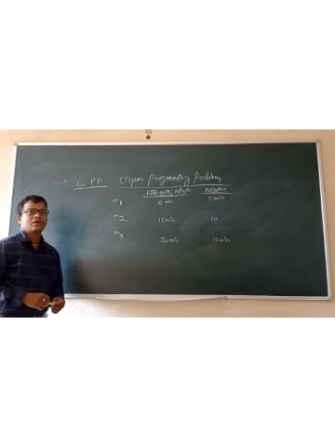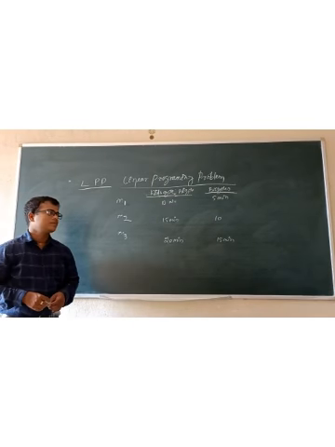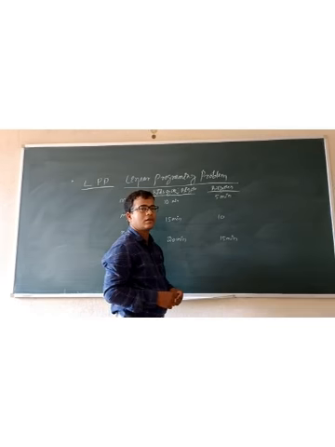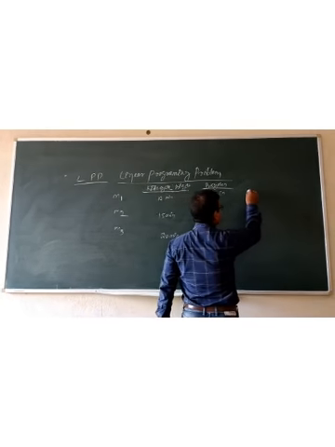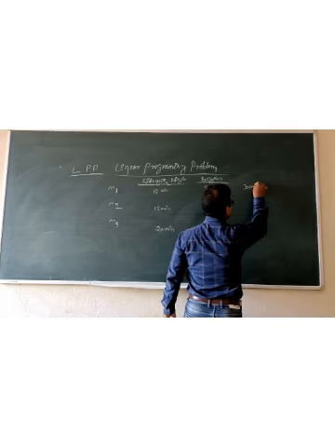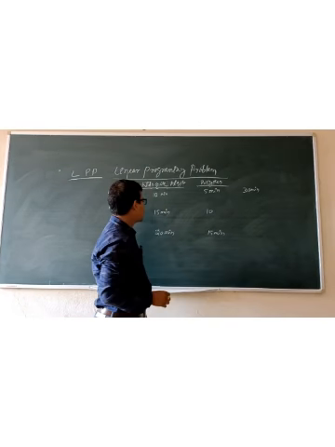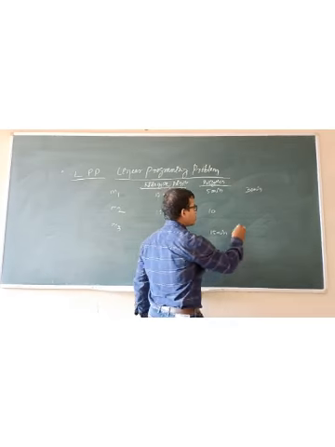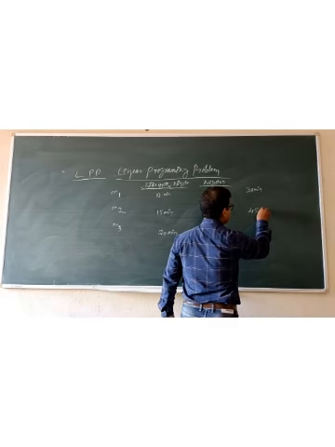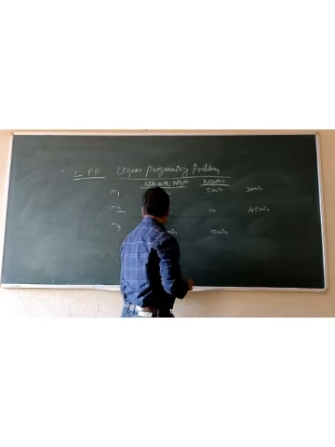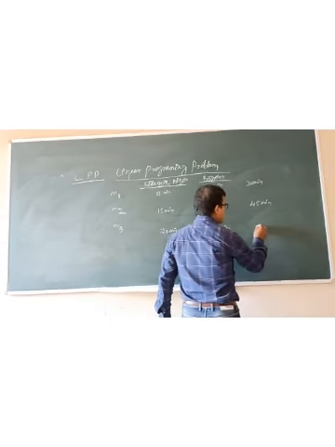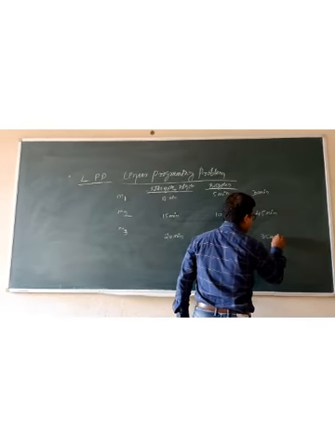But there is some problem. We cannot run machine 1 more than 30 minutes. Machine 2 cannot run more than 45 minutes, and machine 3 cannot run more than 35 minutes.